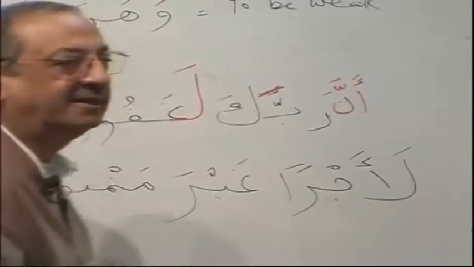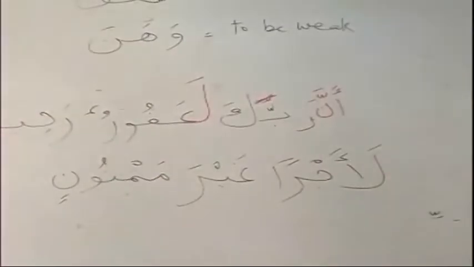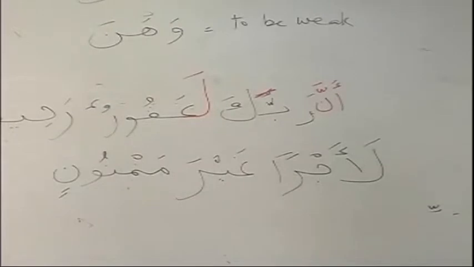Mamnoon, meaning there is no limit, unending. So, brothers and sisters, inna laka la ajran ghaira mamnoon. It's coming as a naat for ajran. Ghaira mamnoonin. Ghairu will always be mudaf, and they'll be mudaf ilayh. Next one, brother.